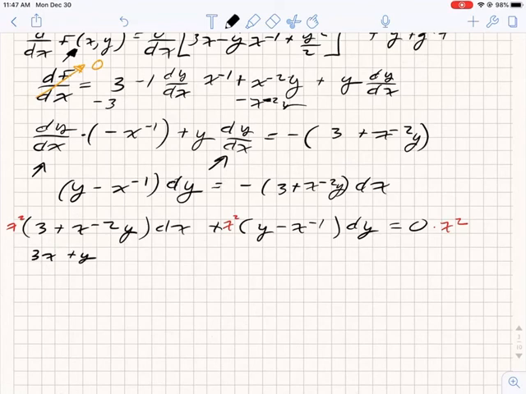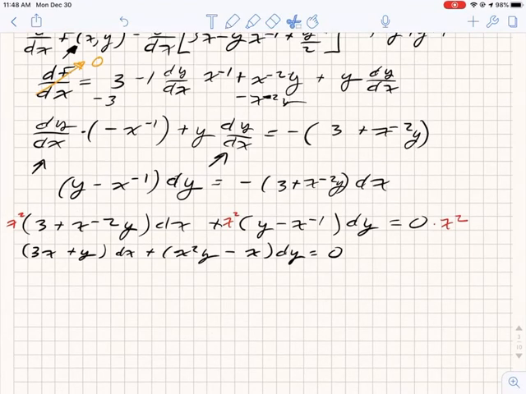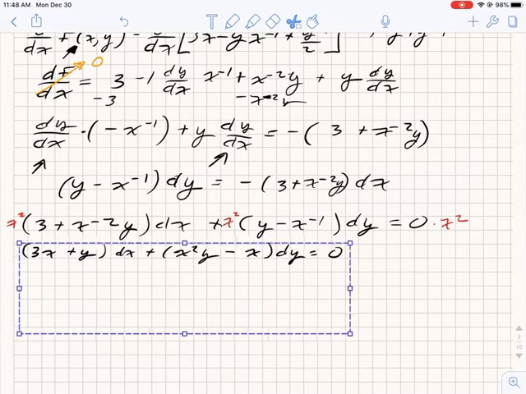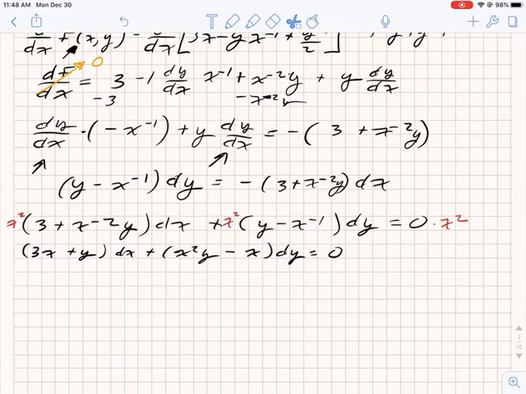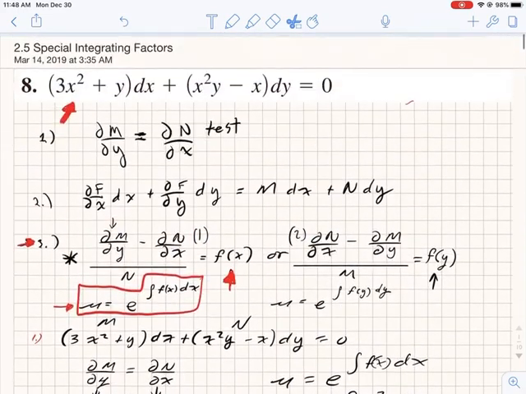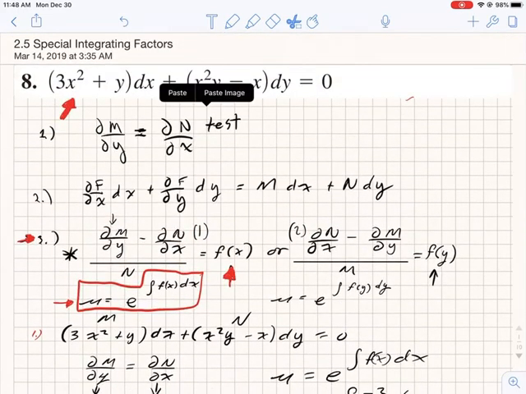So this will make 3x plus y dx plus x squared y minus x dy is equal to 0. And hopefully, if we did everything correctly, this should be the original function that we started off with.